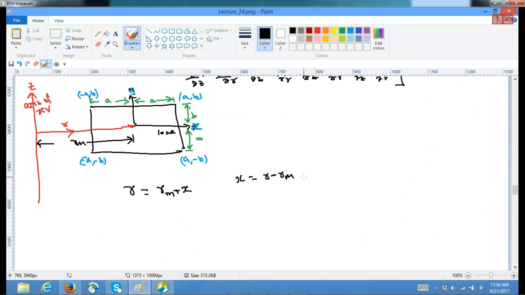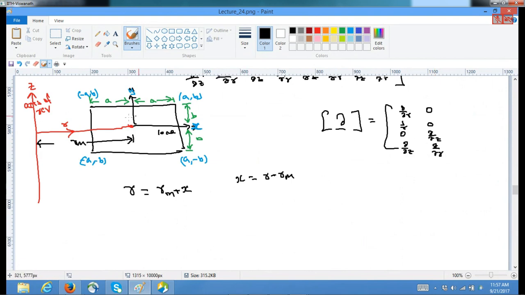Hence your B matrix, or the del matrix, which was defined in the global coordinates as del by del r, 0, 1 over r, 0, 0, del by del z, 0, del by del z, del by del r.